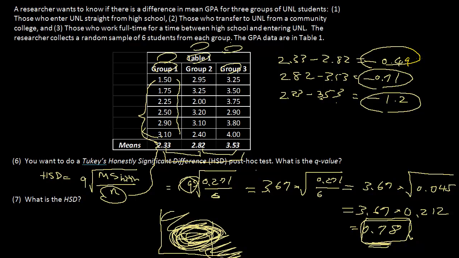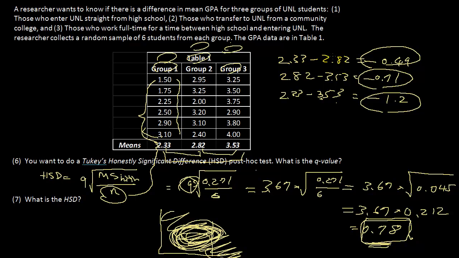So we have three different mean differences here, and based on this number, I have minus, minus, minus. You just ignore that because it's just the direction. Because we subtracted this way, if I switched around the numbers, they all could have been positive.